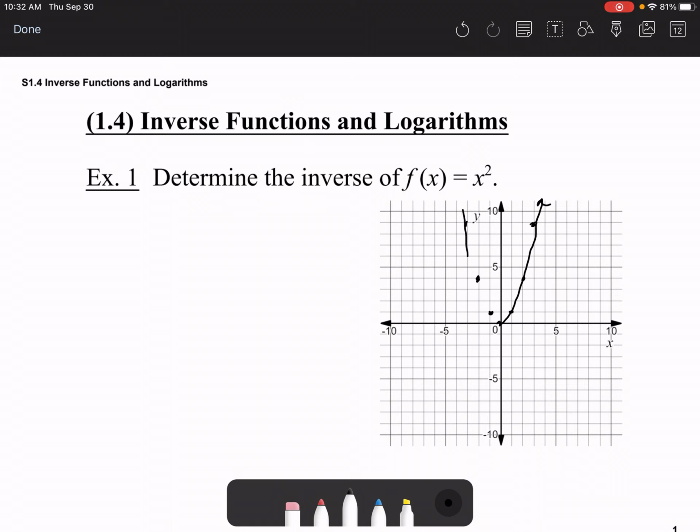Here's an example of y equals x squared, and its inverse, we'll draw as well on the same axis. And we'll just label this f inverse of x for the time being. So actually I'll change this to just f of x.